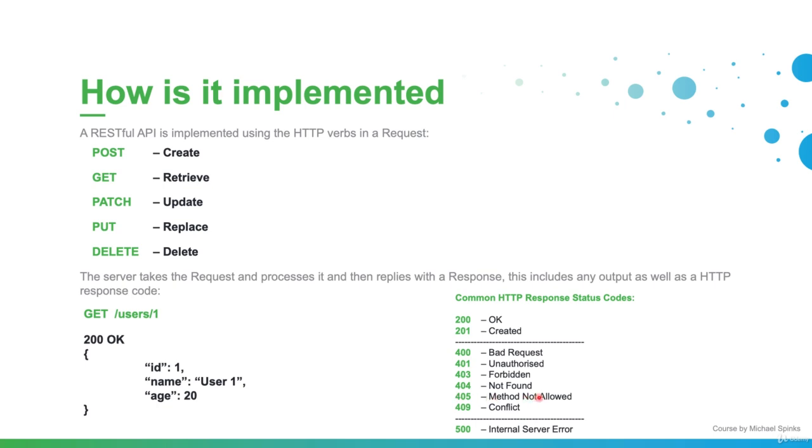405 is method not allowed. So apart from these methods down this left hand side here, there's many more, but these are the general ones that we use in a REST API. If we try and delete all users using the root delete /users, that shouldn't be allowed, because generally you delete users one at a time.